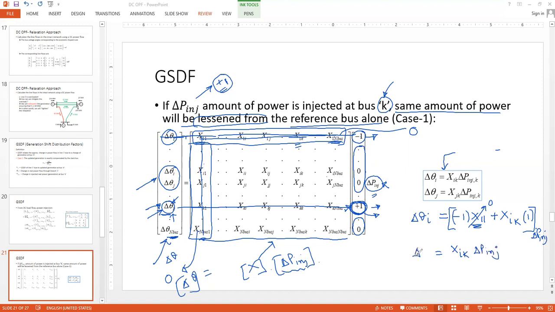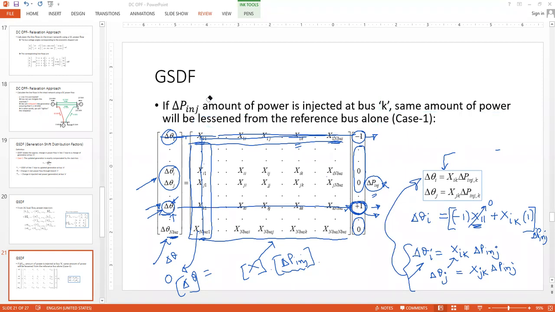So this is del theta i simply in terms of network parameters and P injection value. Using the same logic, we can write for any other bus del theta j is xjk del P injected. So this is how these two equations are obtained over here.